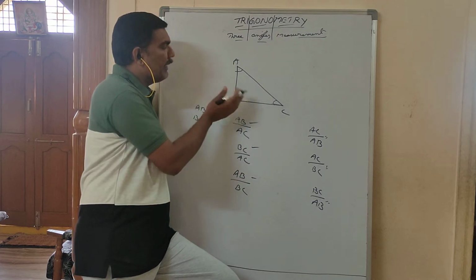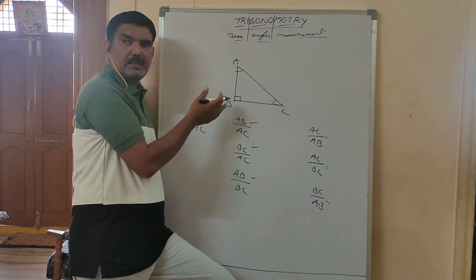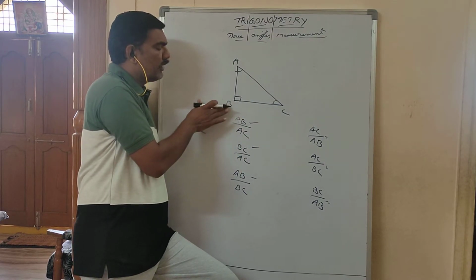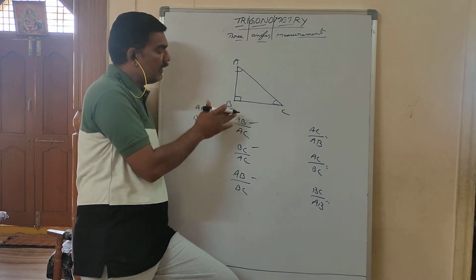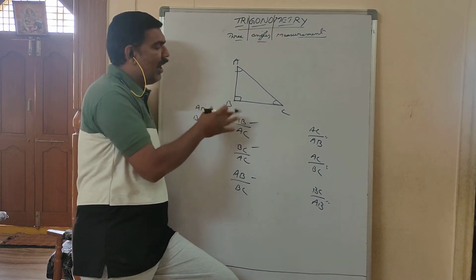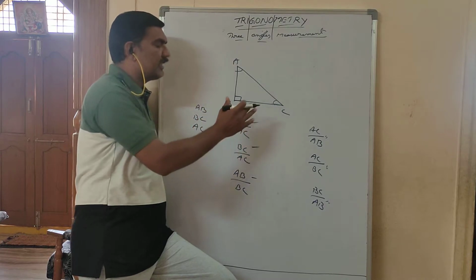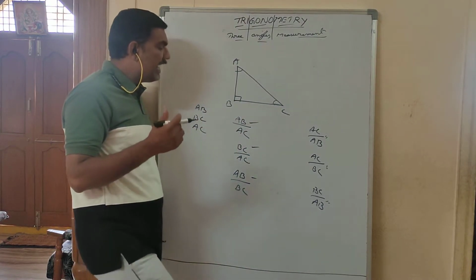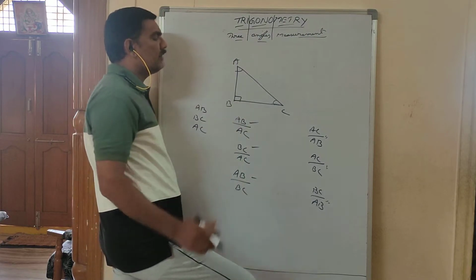See, AB by AB we should not consider. AB by AB, BC by BC we should not consider. You should get one side in the numerator, the other side in the denominator. Like that, how many ratios can you write? 6 ratios you can write. What are the names they gave for these ratios, we'll see.